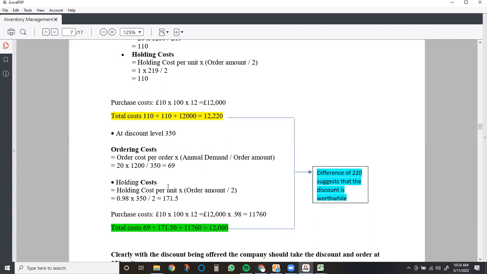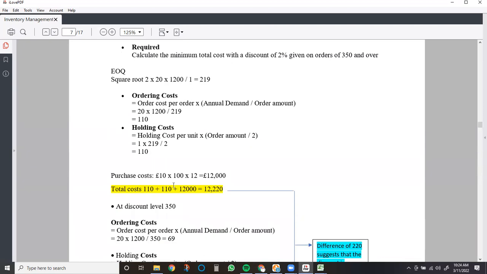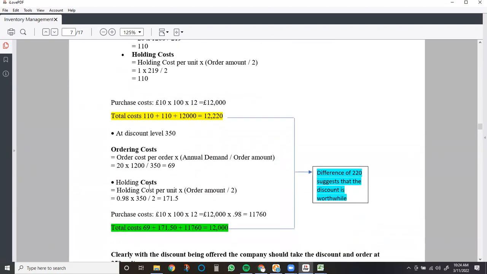The holding cost per unit was discounted by 2%. So £1 is the current holding cost, and 98 pence will be the new holding cost. So 0.98 times 350 over 2 gives 171.5.